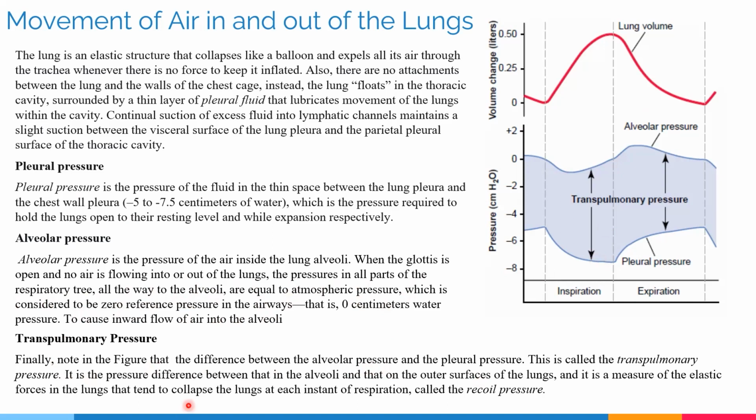It is the pressure difference between the alveoli and the outer surface of the lungs, and it is a measure of the elastic forces in the lung that tend to collapse the lung at each instant of respiration, called the recoil pressure. So this pressure tries to deflate the lung, and is equal to the difference between the alveolar pressure and the pleural pressure.